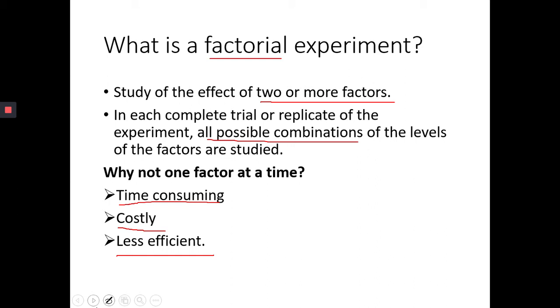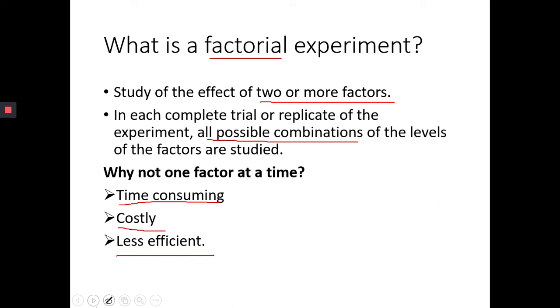So, in short, I am simply saying, if you are investigating 2 factors and above, we are already talking of a factorial experiment. But if you are just investigating 1 factor, then that is not a factorial, because for a factorial, we are simply saying 2 factors and above.